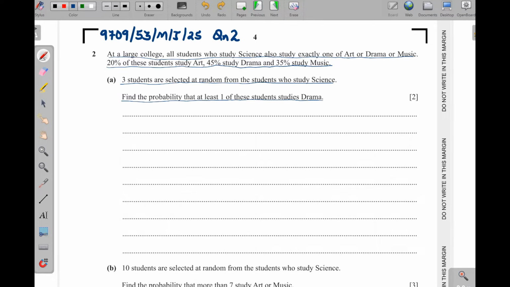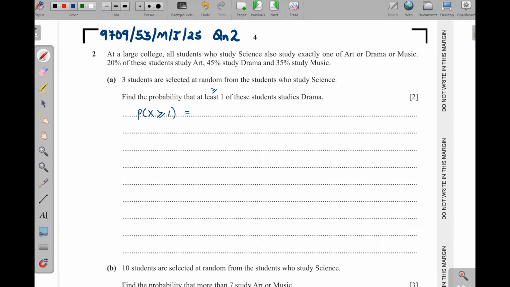Okay, now this is a binomial because n is fixed and all the outcomes are independent. So they are saying we find at least one of these students studies what? Drama. So let the random variable here represent those who study drama. So greater or equal, because at least means greater or equal.